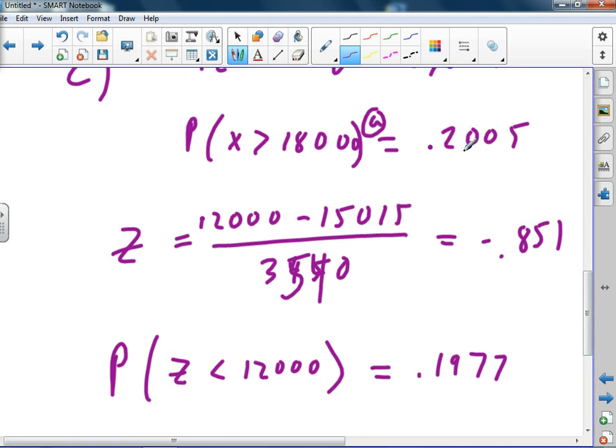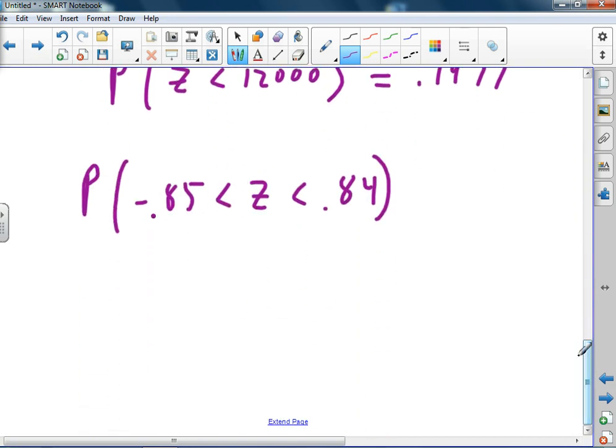So the probability of that 0.2005 guy from A: to be less than that, I'm going to be 1 minus 0.2005, and to be greater than this guy, I'm going to be minus 0.1977.